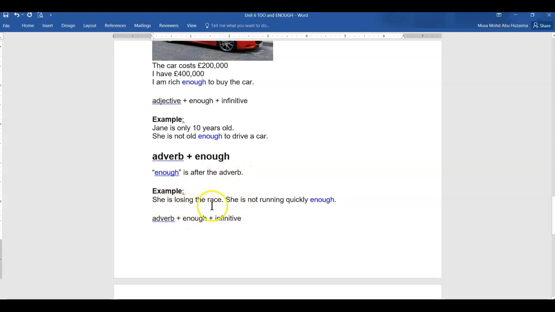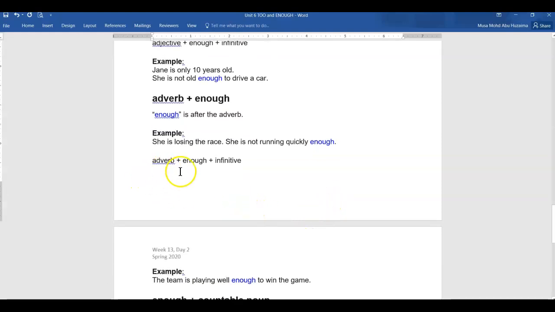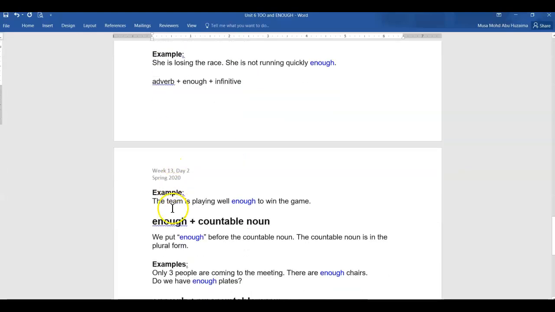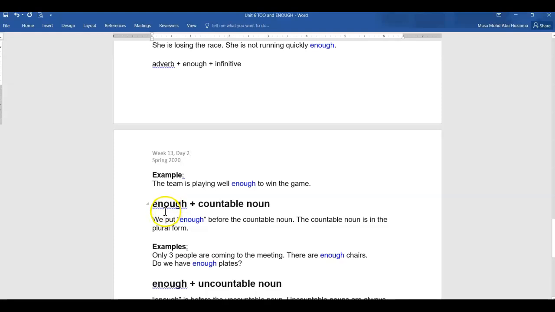Example, she's losing the race. She's not running quickly enough. Quickly is the adverb, and enough is used after the adverb. We also can use enough plus infinitive after the adverb. Example, the team is playing well enough to win the game. So, well enough to win the game.